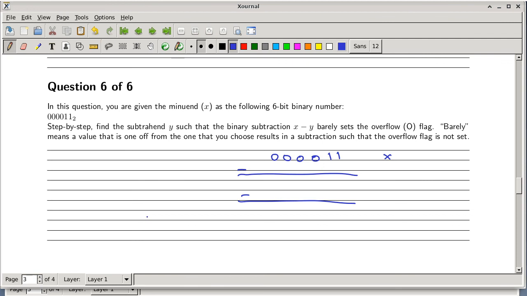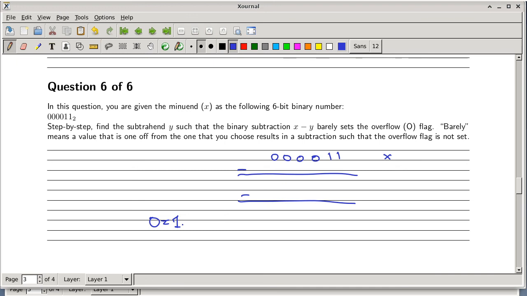So we want O, the overflow flag, to be a 1 after the entire subtraction. So barely means a value that is one off from the one that you choose. If you use one that is one off, then it will not set the overflow flag.